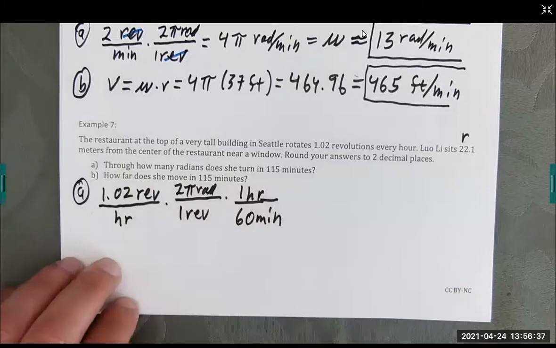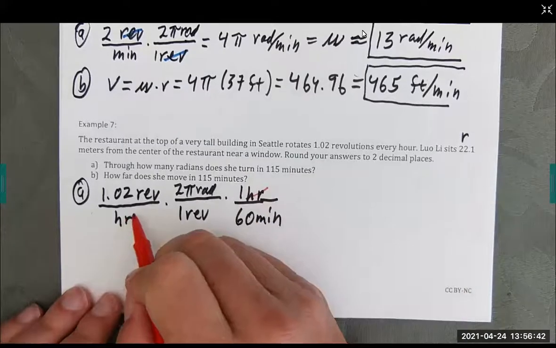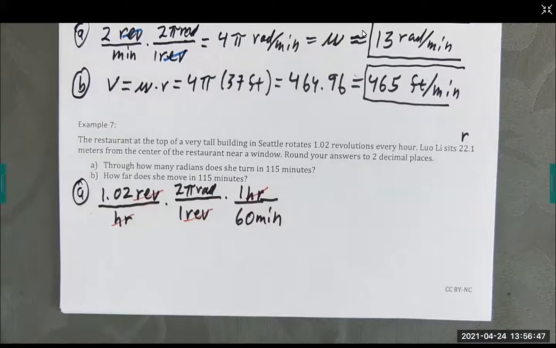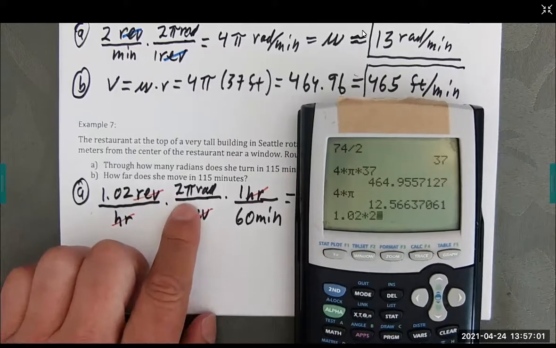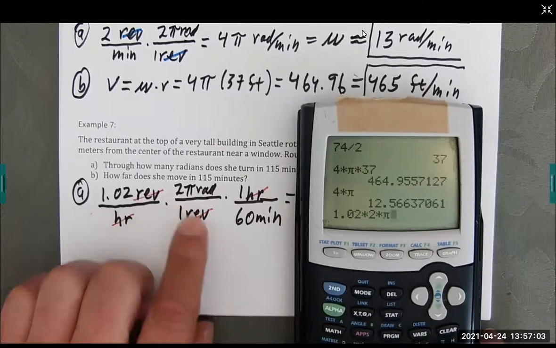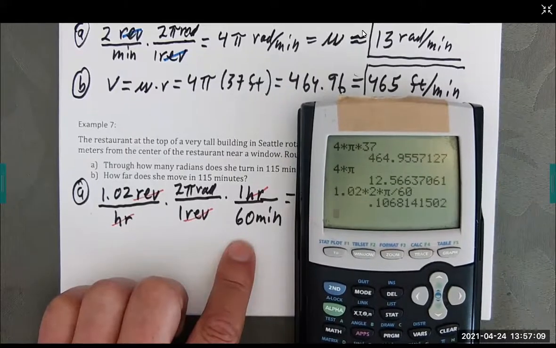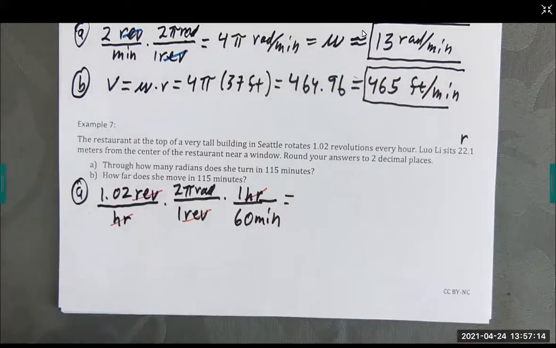I'm going to use that trick again, where the hours reduce out and the revolutions reduce out, and I'm left with radians over minutes. So this is going to be 1.02 times 2 times pi, divided by 60. So this is our theta, our omega, pardon me.